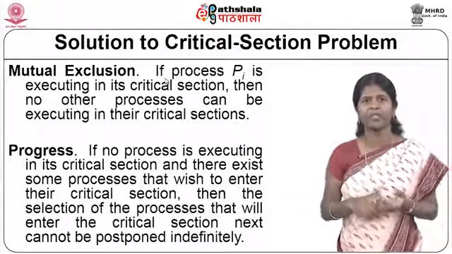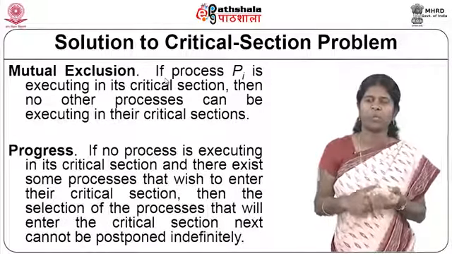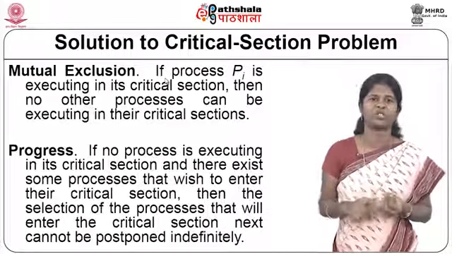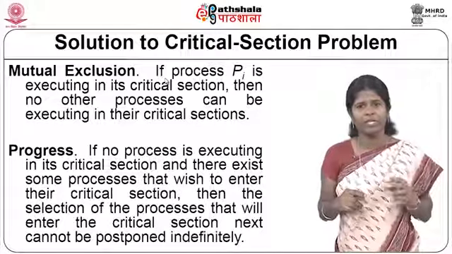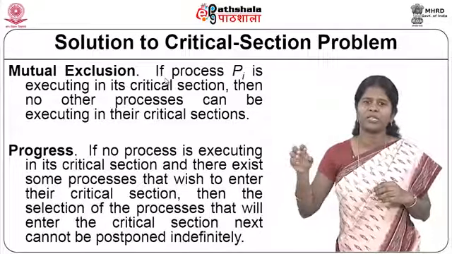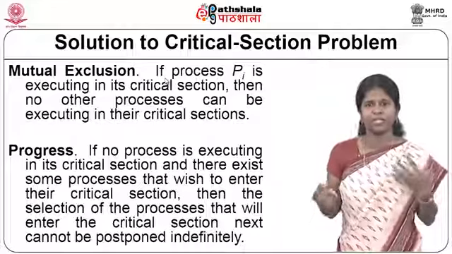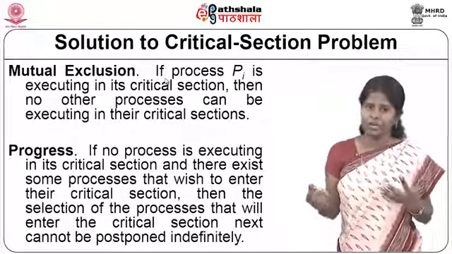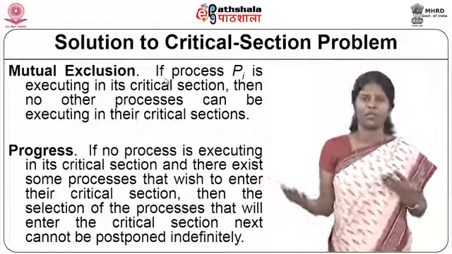Any solution to the critical section problem should be able to solve these three problems. One is mutual exclusion. What is mutual exclusion? When one process is executing in its critical section, no other process should be allowed to execute its critical section. Explaining it in terms of this producer consumer problem, when the producer is executing counter plus plus, the consumer should not be allowed to execute counter minus minus.